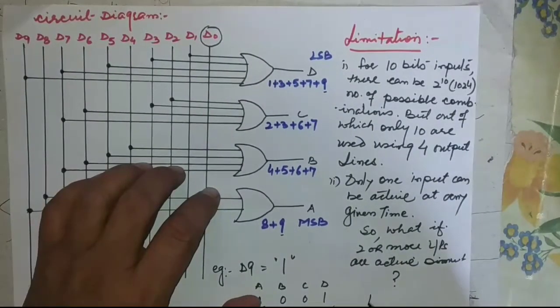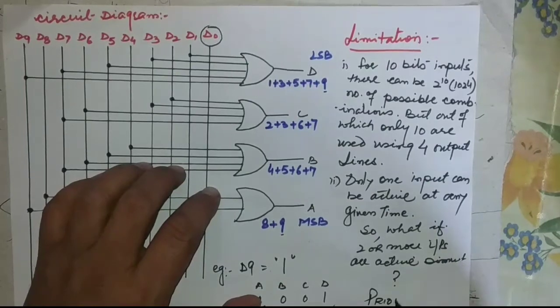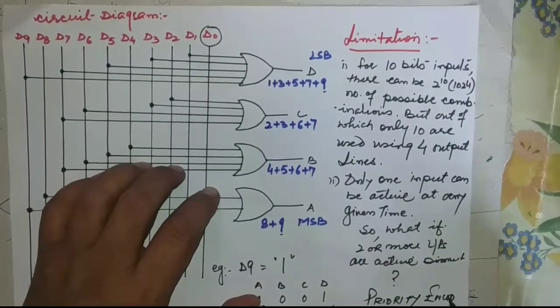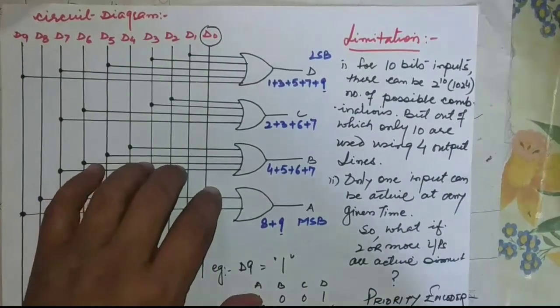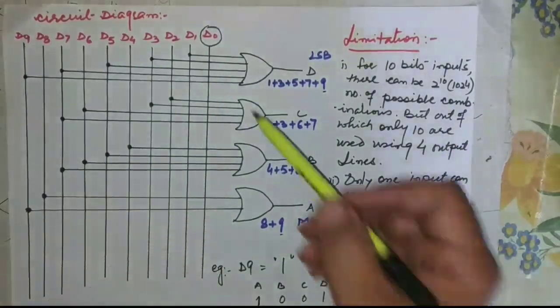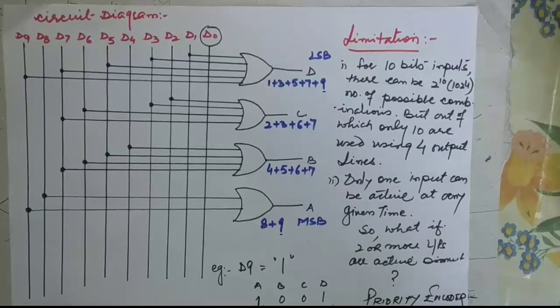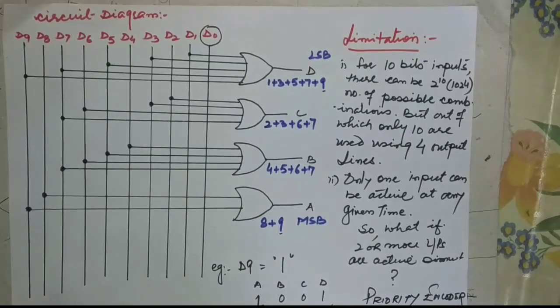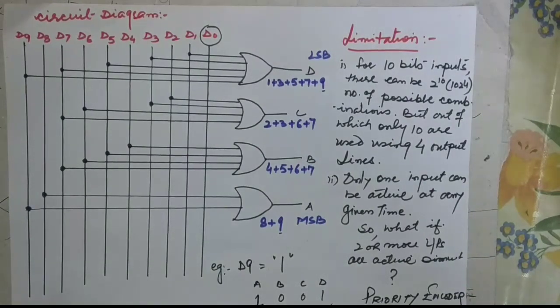So we know that to resolve that problem we make use of a priority encoder, and for D0, meaning when all the outputs are zeros, that limitation can also be resolved by making use of one additional input like enable, as used in multiplexers.